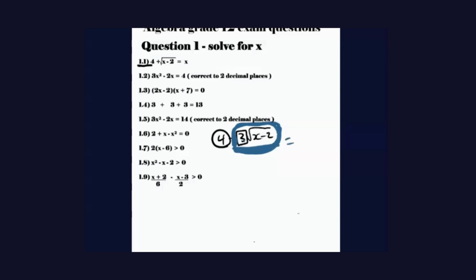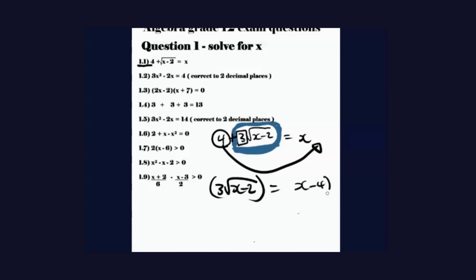It's highly impossible for you to do that. It will be wrong. The only one that will be taken to the other side is this one, because it's standing alone. It's a constant number. This thing will remain here because it's a family, and then here we'll be left with this.